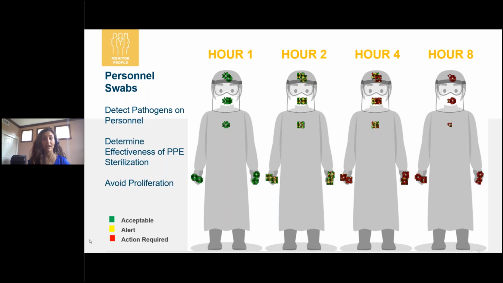If you are seeing results in a particular area, that may speak to the gowning procedure. If it is just on a component of the PPE, it may speak to the cleaning effectiveness. So there's a lot that you can look at just by visually mapping the personnel and to help avoid proliferation.